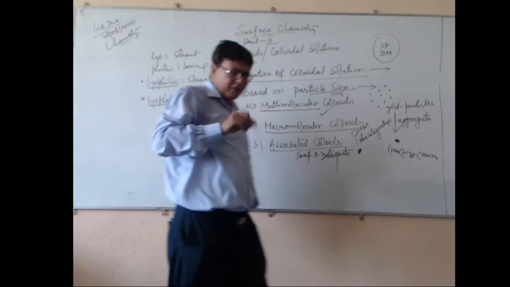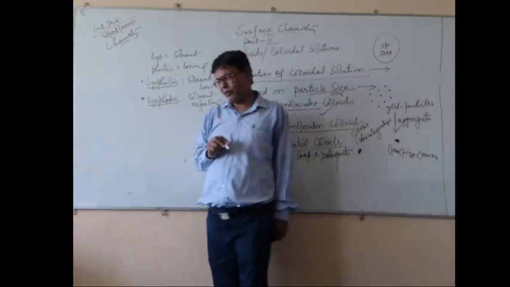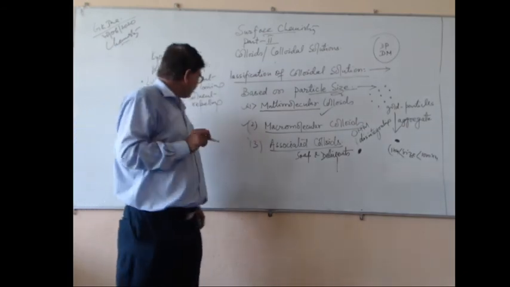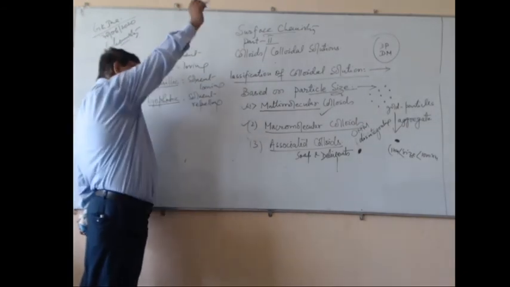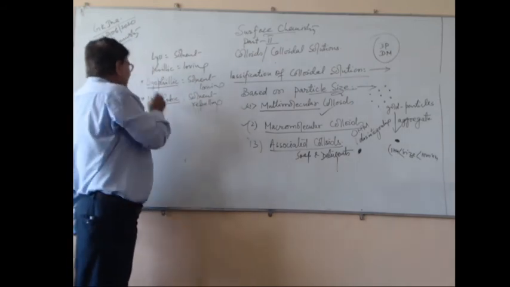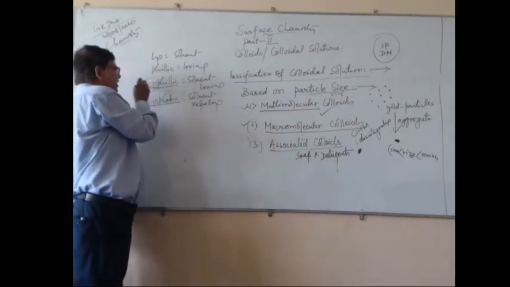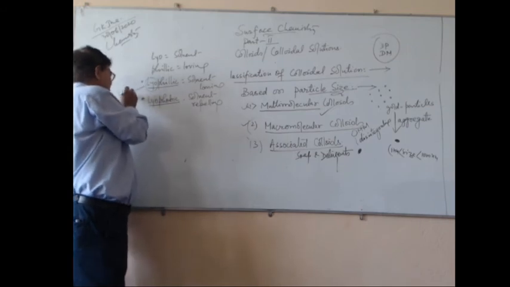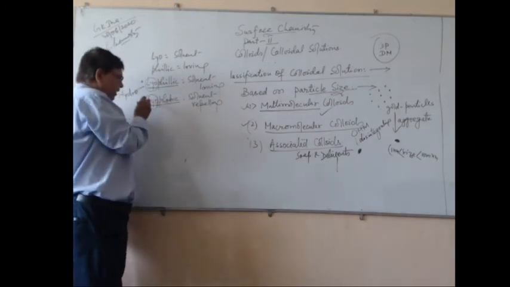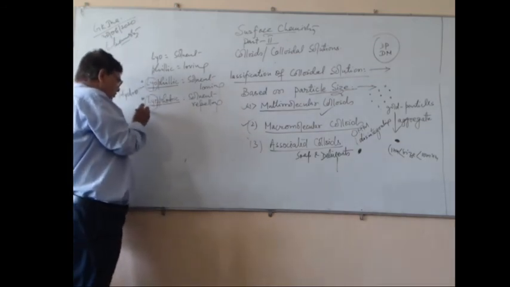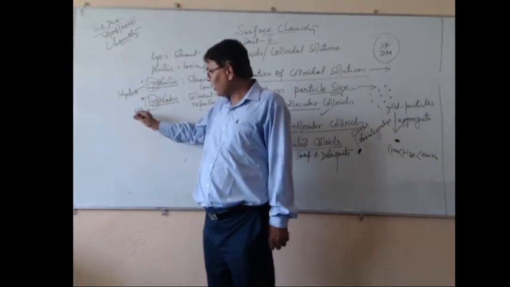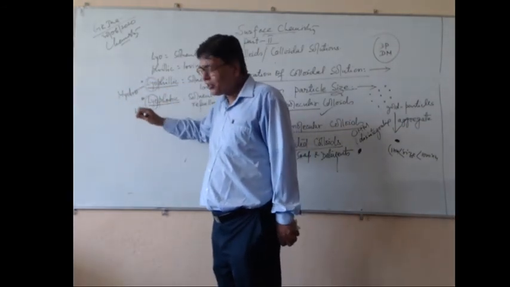If water is the solvent, which we call the dispersion medium in case of a colloidal solution, then instead of lyo we can write hydro. Hydro stands for water, so it becomes hydrophilic and hydrophobic colloidal solution, because here the solvent is water.